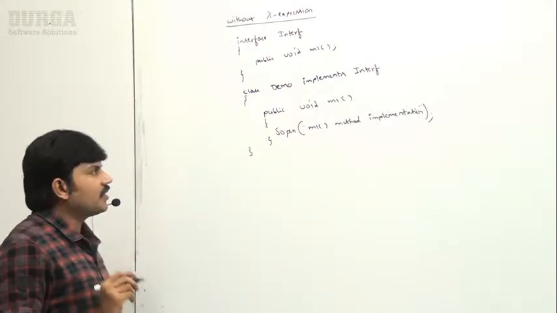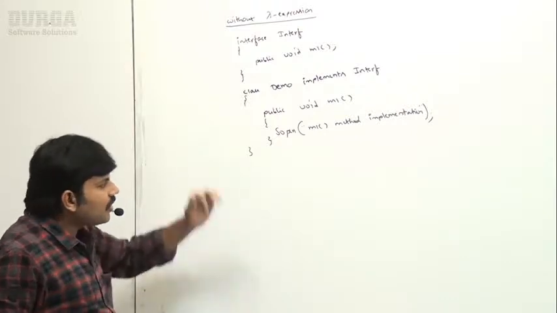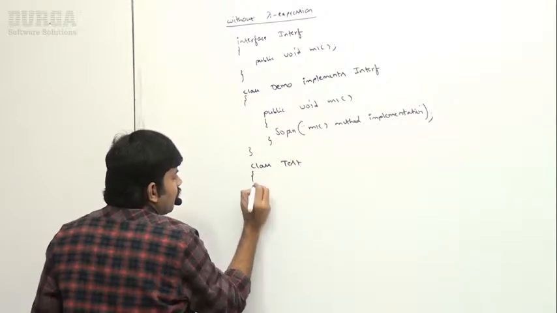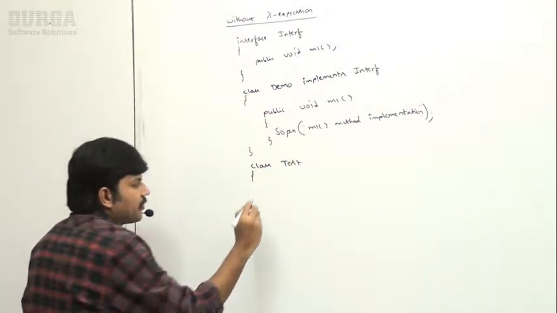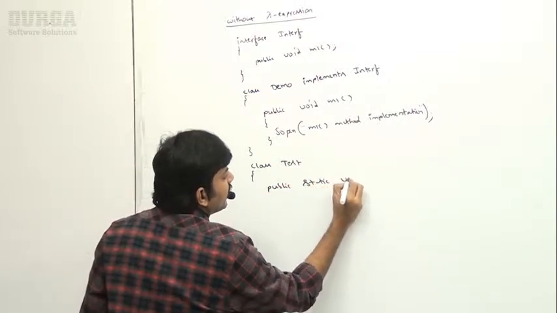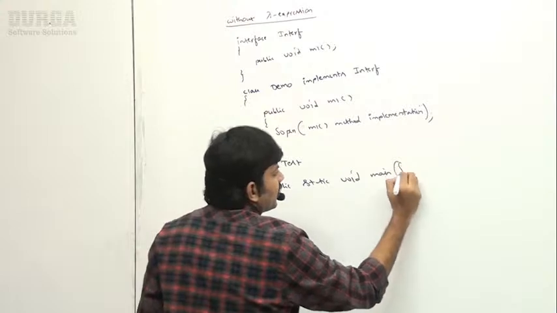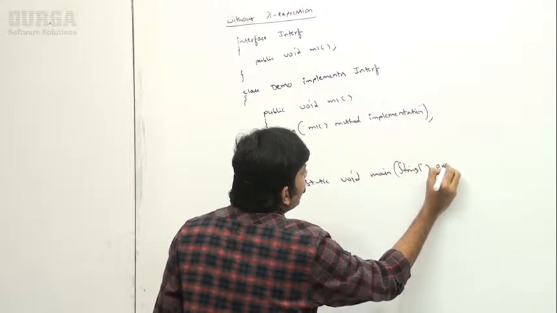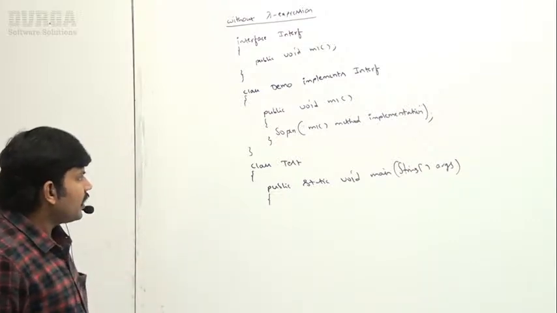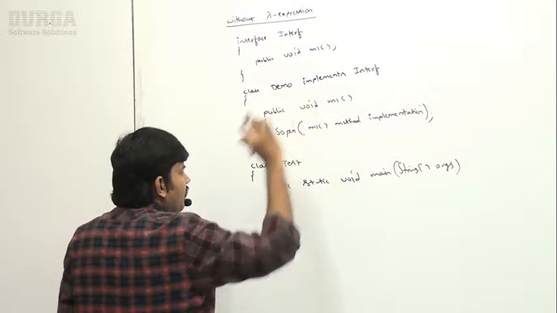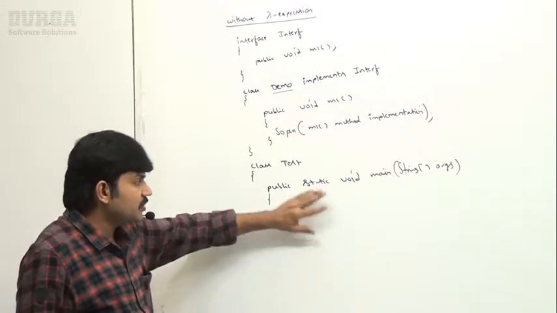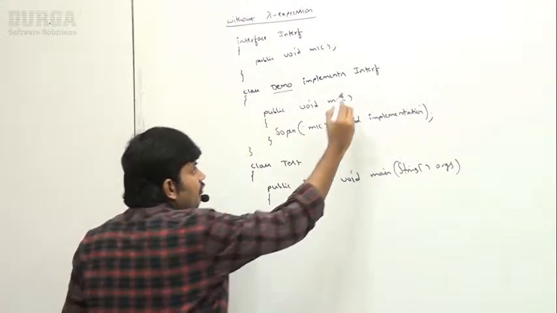Now what's my target here? Sir, I want to call this m1. What is the way, sir? Class Test. Within the Test class, I want to call this method: public static void main(String[] args). Now take a bit of special care. I want to call m1, which is present inside Demo class, so an object must be required. Demo implements Interf.